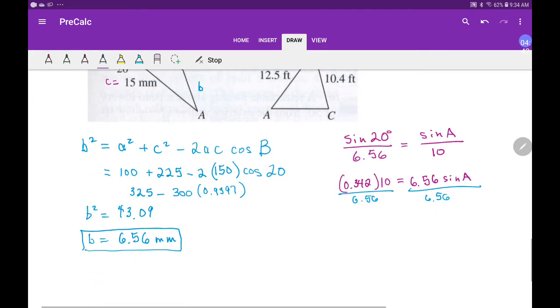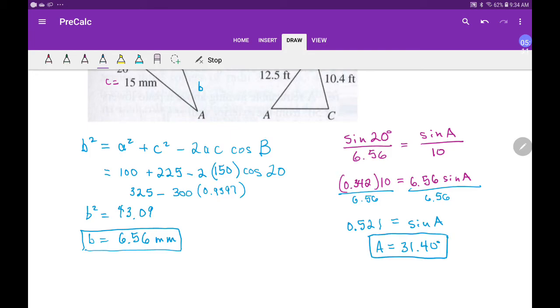I'm using the numbers that were in my calculator, so maybe a little more accuracy, or at least pretended accuracy. 0.521 is equal to the sine of A. And now it's inverse sine time. So I hit inverse sine, and it tells me that A is equal to 31.40 degrees.